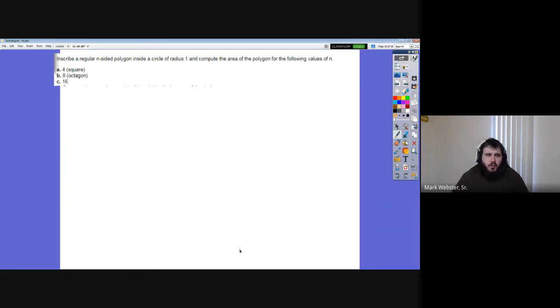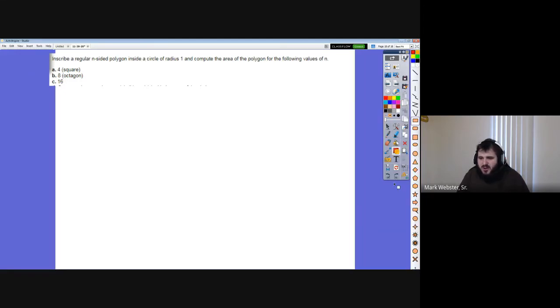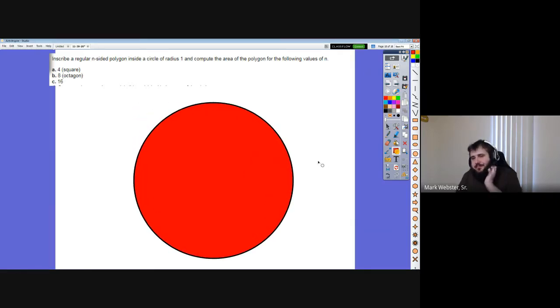So what we're going to do, and I'm not going to be able to do this well, but we're going to try. Make a big old circle here. And what I want to do is try and inscribe a square. Let's see if I can make that picture work.